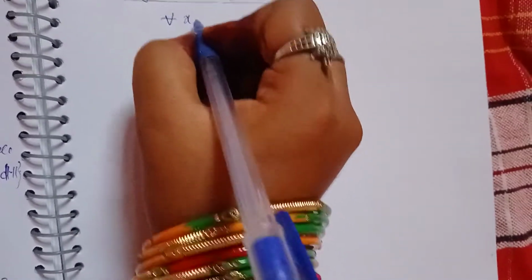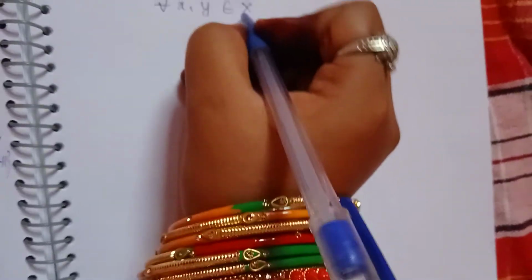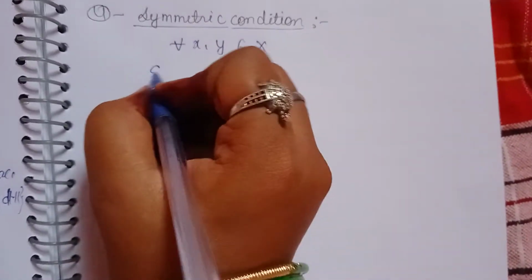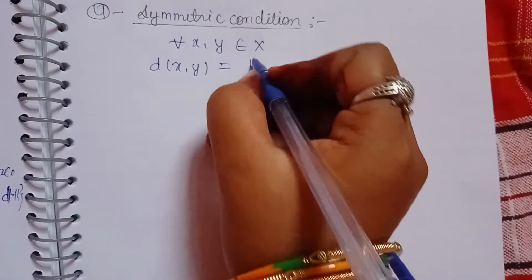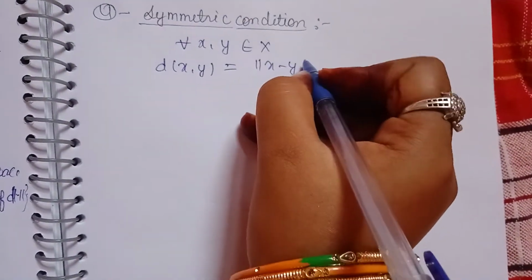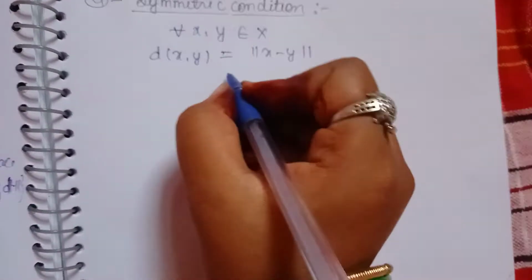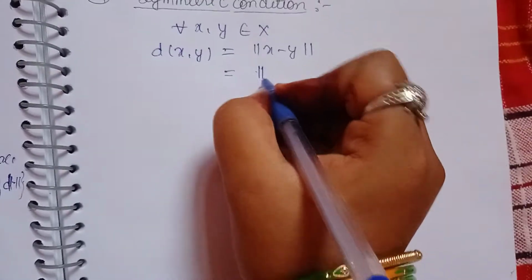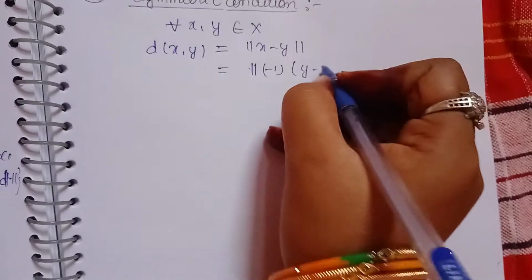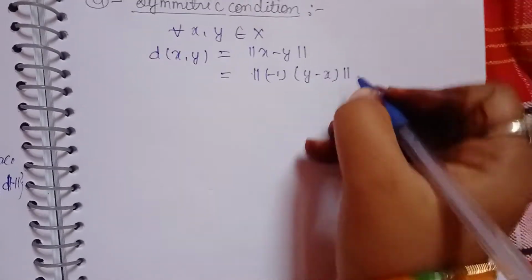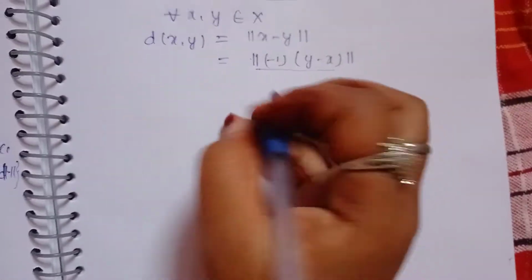So now we take, for all x, y that are elements of X, d(x,y) is equal to norm of x minus y, which is equal to norm of minus (y minus x). It is also clear about this.